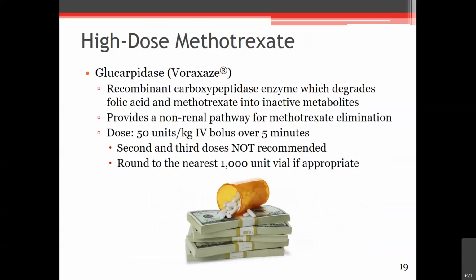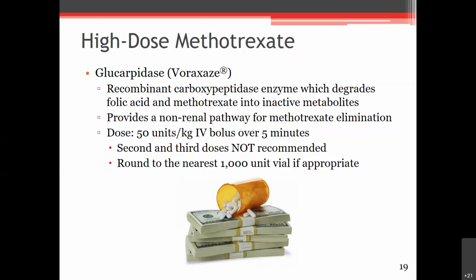All right, so moving on to glucarpidase, which is the drug that actually gets rid of methotrexate from the body. This drug is a recombinant carboxypeptidase enzyme, which degrades folic acid and methotrexate into inactive metabolites. It does provide a non-renal pathway for methotrexate elimination, and it's dosed at 50 units per kilo as a single bolus.